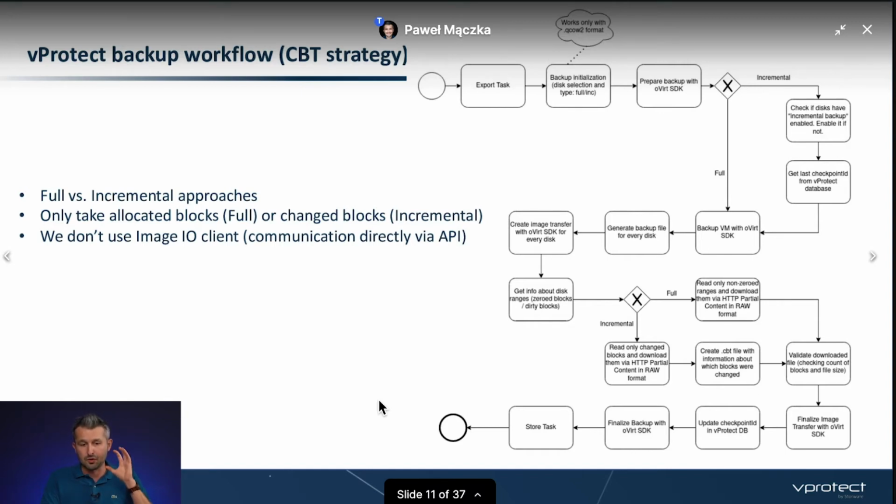We are not using the image IO client, so this is the major difference in our strategy. We wrote our own method to find the specific changes and send them to vProtect itself.